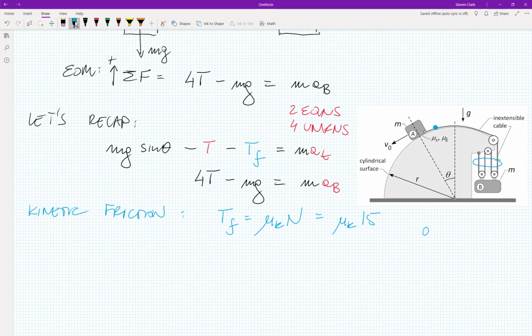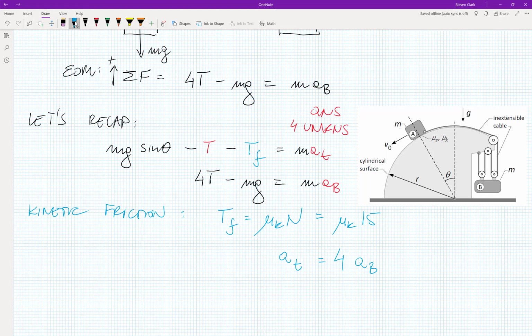So we can write such an expression: a_T is equal to, I believe, 4 a_B. Due to this rope, this is the kinematic constraint that relates the accelerations of these two bodies. Okay, that's it. We found 4 equations and 4 unknowns.